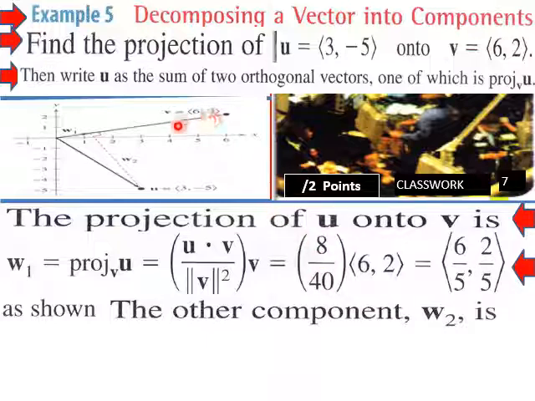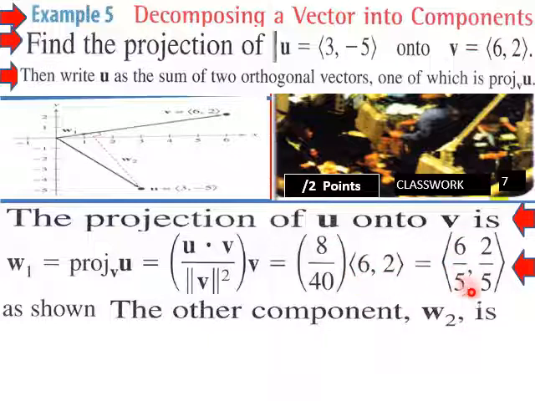And then we go through our math here where we multiply our two vectors together, then take the square root, and we come up with 40 doing that. And then we multiply that by our V vector here, which is 6, 2. And then we come out with this.